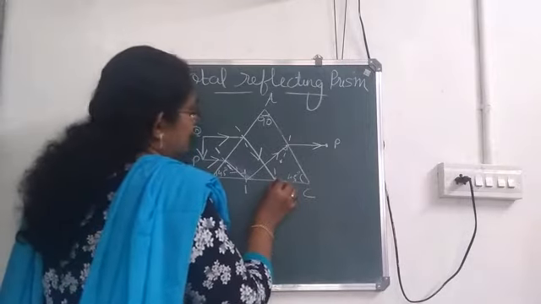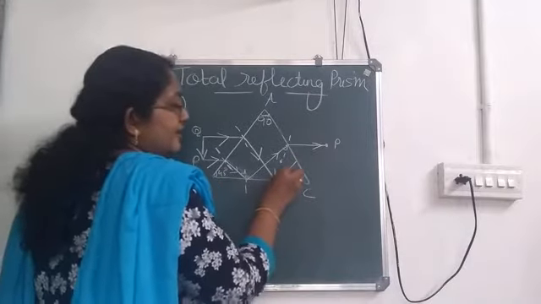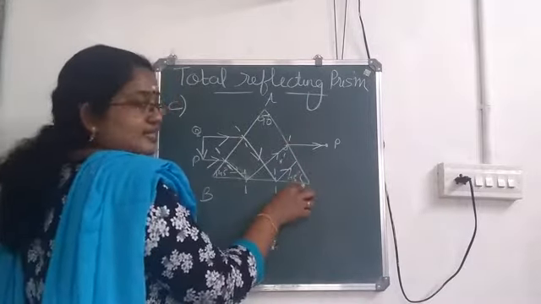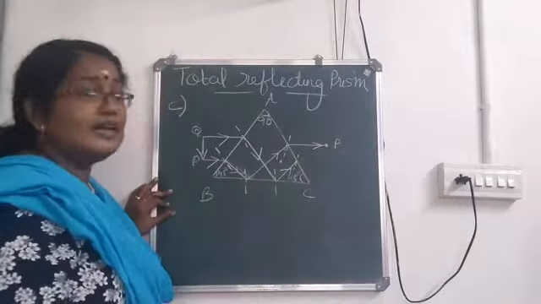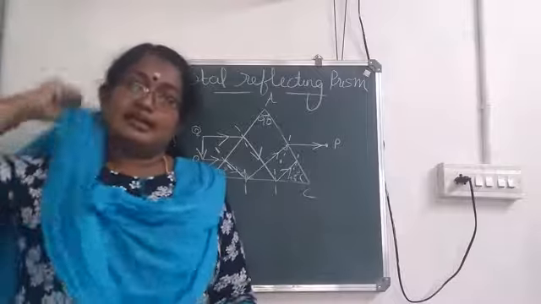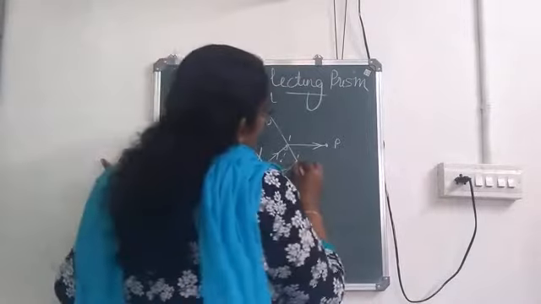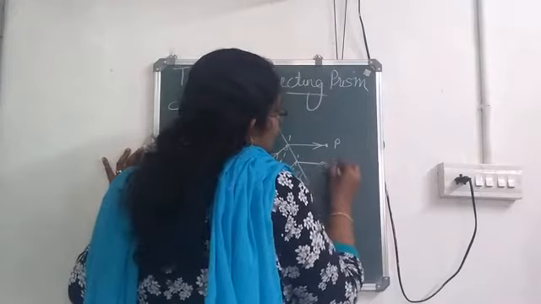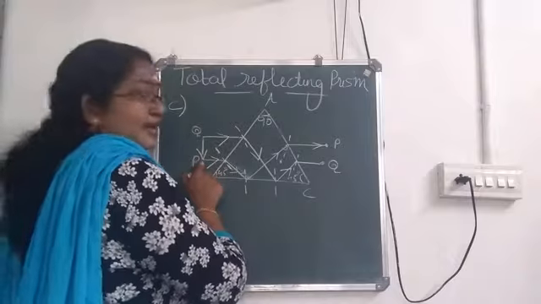That means total internal reflection takes place. So it hits on the face AC. Here if you consider the normal, the angle of incidence is less than 42 degree. So what happens? It moves out. And which point is this? This is from Q.